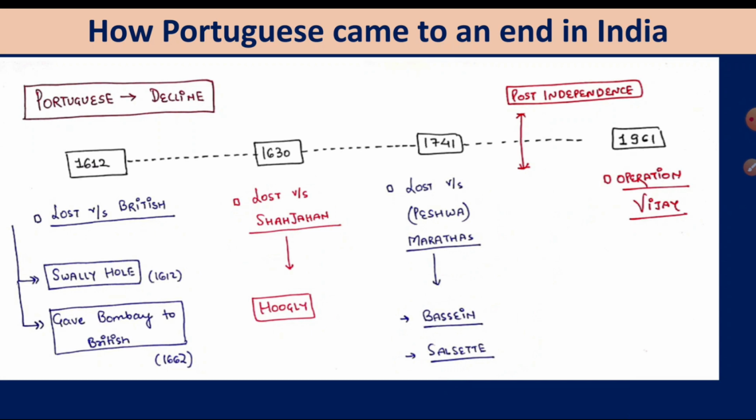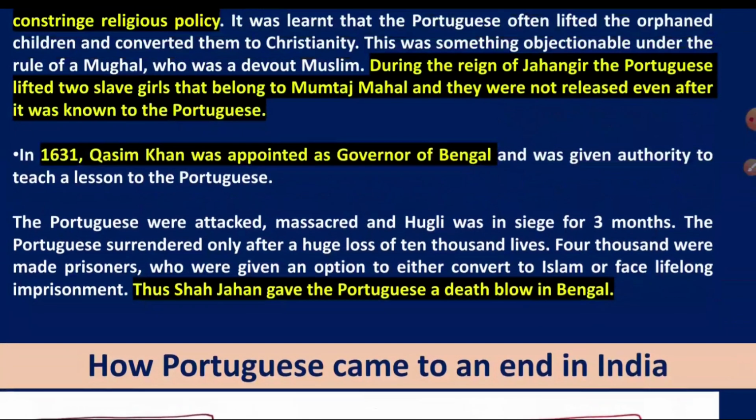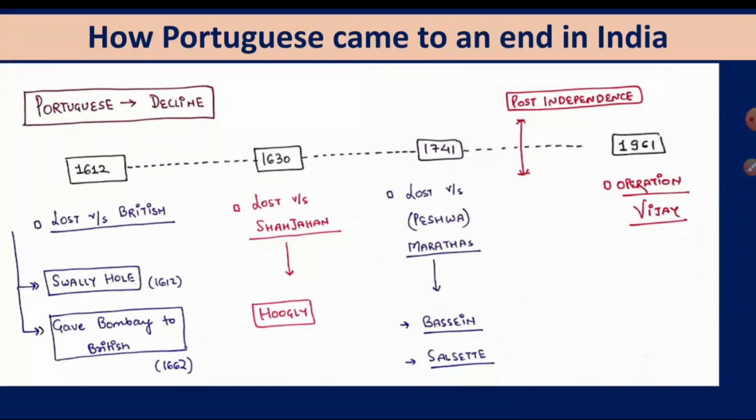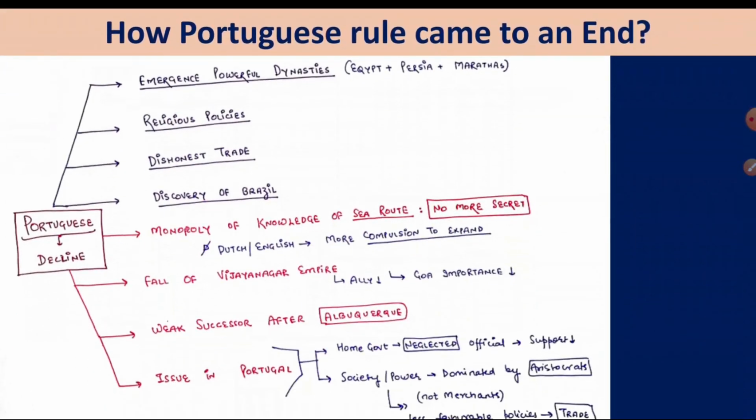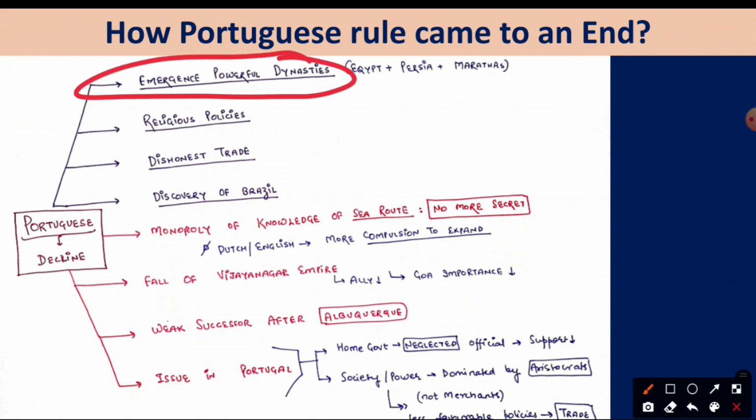Now comes the question, what were the other factors that led to their decline? One factor we have seen, that is their religious policy. What were the other factors that led to the coming of the Portuguese rule to an end? So, first, the emergence of powerful dynasties. We have seen it was easy for the Portuguese to establish themselves when there were no major powerful dynasties.